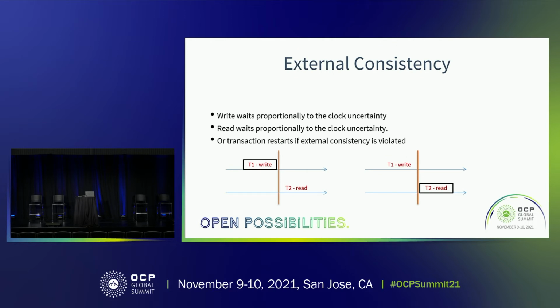We know a couple of different ways to achieve external consistency. Spanner uses one of them, but it's not the only way to achieve external consistency using synchronized clocks. We can wait during the writes, as Spanner does. We can wait during the reads. As long as we have the right waiting period, we can guarantee that the timestamps are properly ordered.